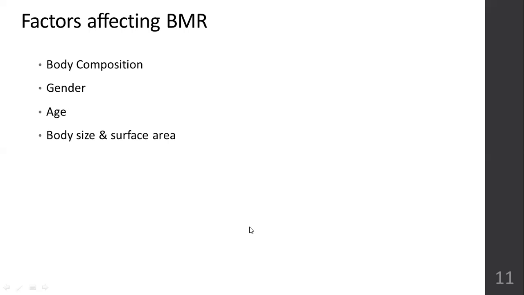So definitely the more body size and skin surface area you have, which comes with height, the higher your metabolism. Even if you're slim, if you have height, your body metabolism will definitely be higher.